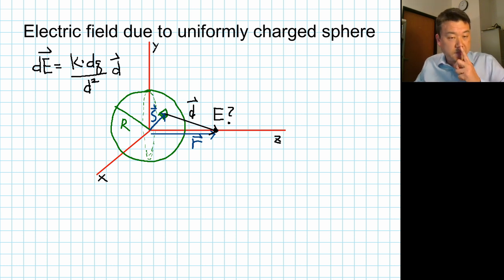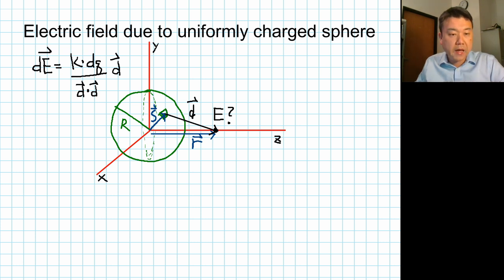Now then, this d vector is not a unit vector. It doesn't have a length of 1, so I need to fix that. The way I would fix it is by dividing it by the absolute value of d. Mathematically, the best way to represent it is this way. Instead of d squared here, I'm going to write the vector d dot product with itself. So that's the length of d squared.